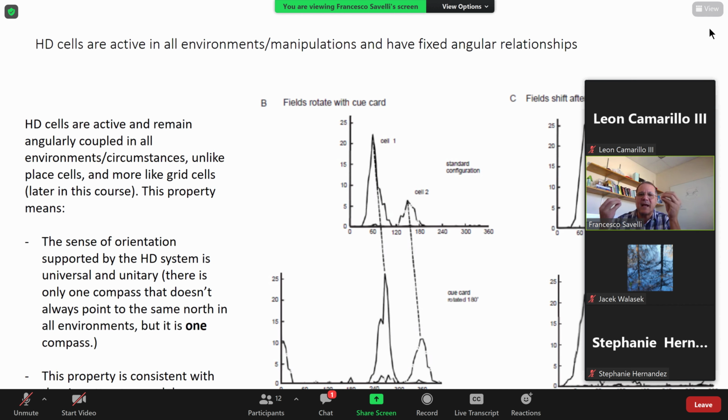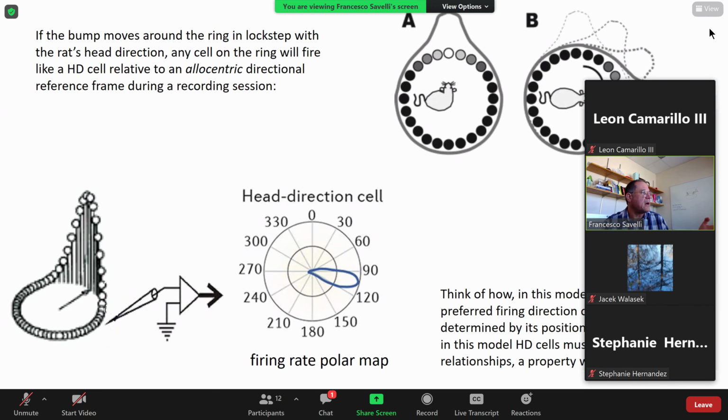It's telling us that whatever network produces this head direction cell signal, and there are network constraints, they're connected. And one way to explain this is exactly the model that we just saw before, right? This model here, you have this polar rate map for one of these cells.